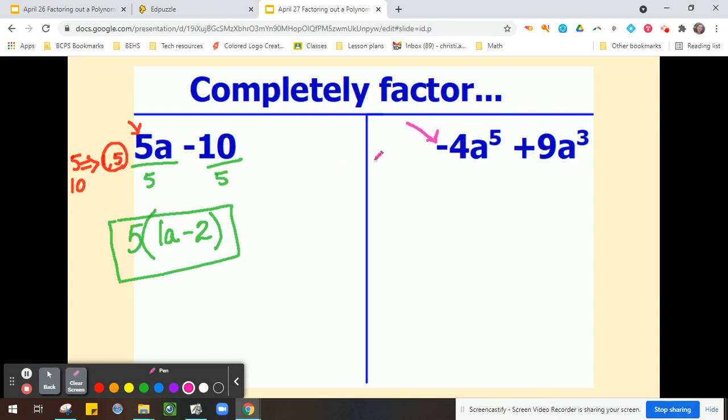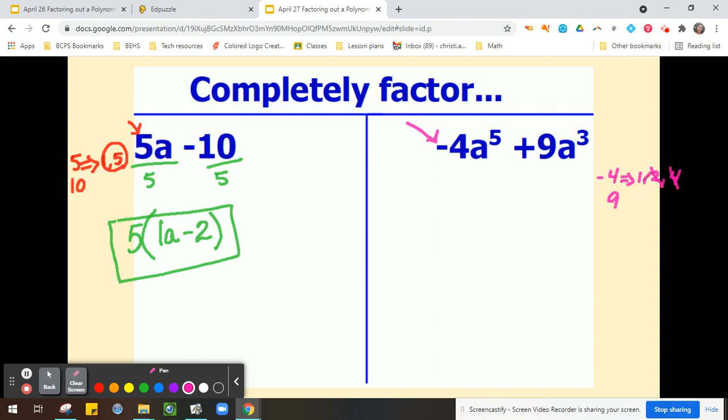So when I look at negative 4 and negative 9, and I start listing the things that go into 4, the things that go into 4 are 1 and 2 and 4. 4 does not go into 9. 2 does not go into 9.